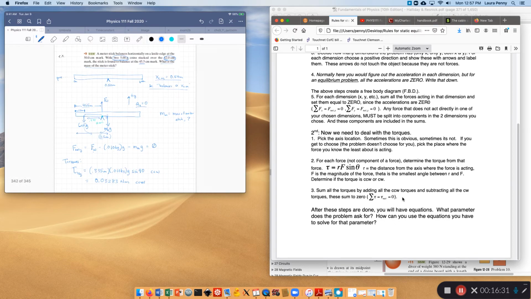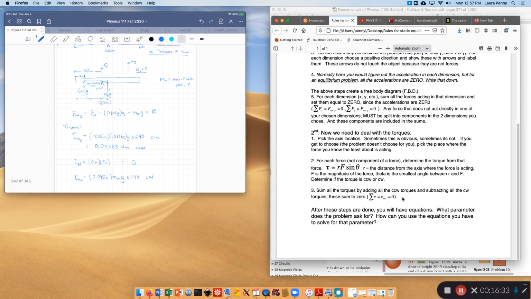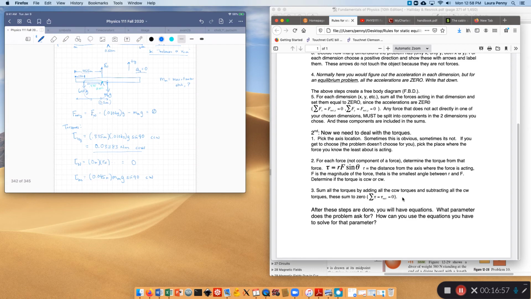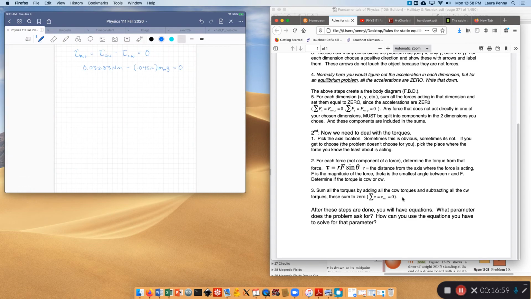So my counterclockwise torque is this one, 0.03283 newton meters. My clockwise torque is from the meter stick, mass of the meter stick, g, times 0.045 meters, sine of 90 is 1, and that has to equal 0.